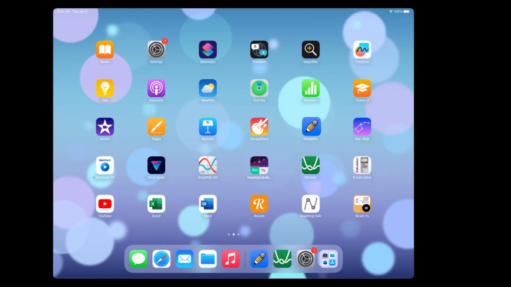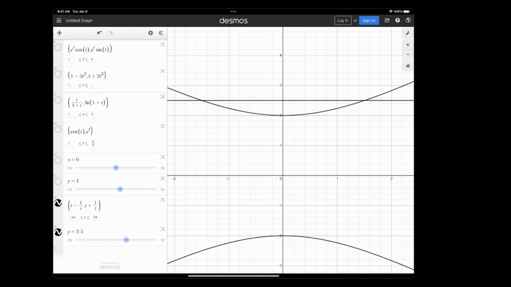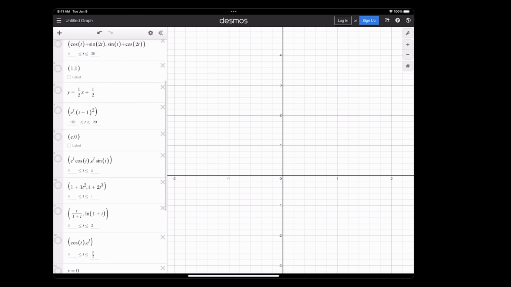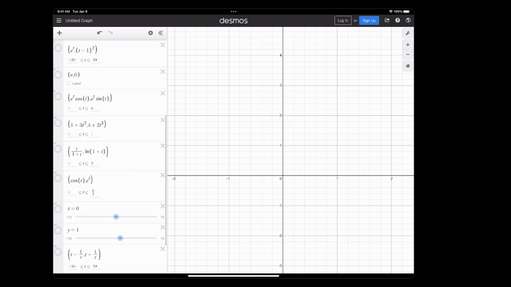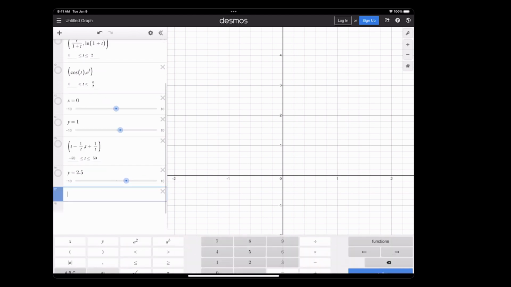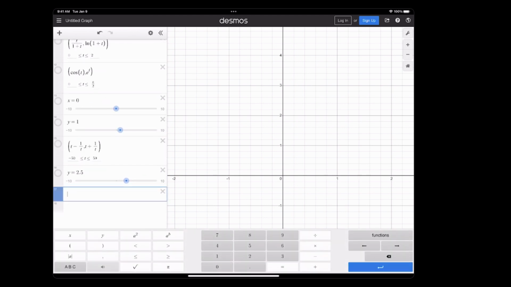Let's take a look then. X is going to be what? X was 2t cubed.